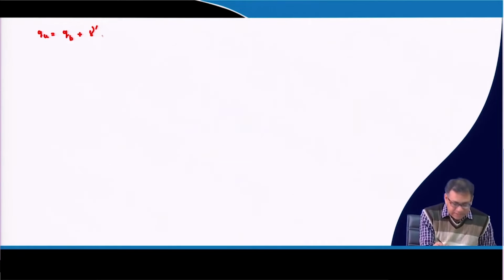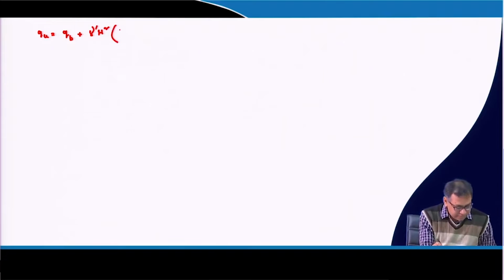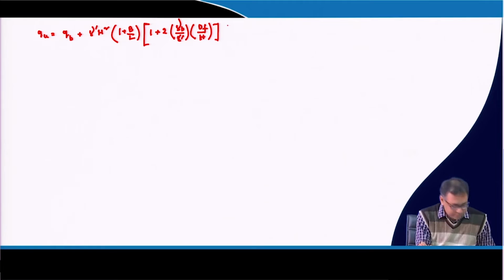So, it will be gamma dash into h square. Then if I consider the shape factor, then 1 plus b by L, then that will be 1 plus 2 gamma bulk by gamma sat into df by h into ks tan phi by 2 minus gamma dash h.